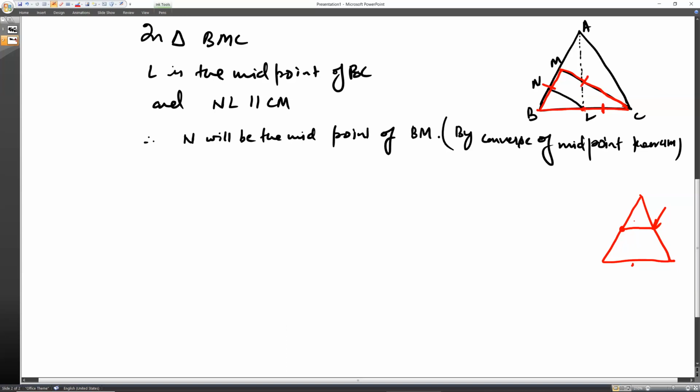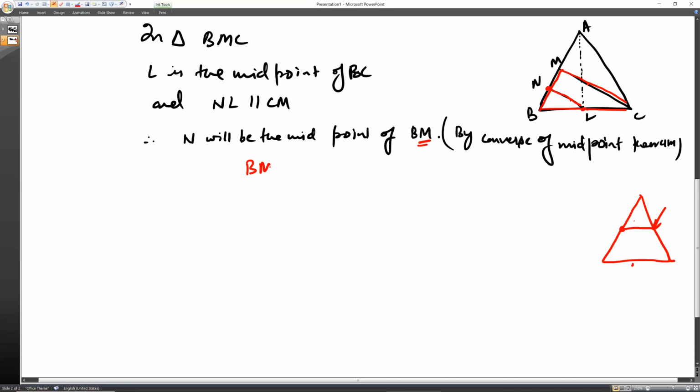L is the midpoint of side BC because AL is the median, and LN is parallel to CM, it is given. So N must be the midpoint of BM. Okay, sir.